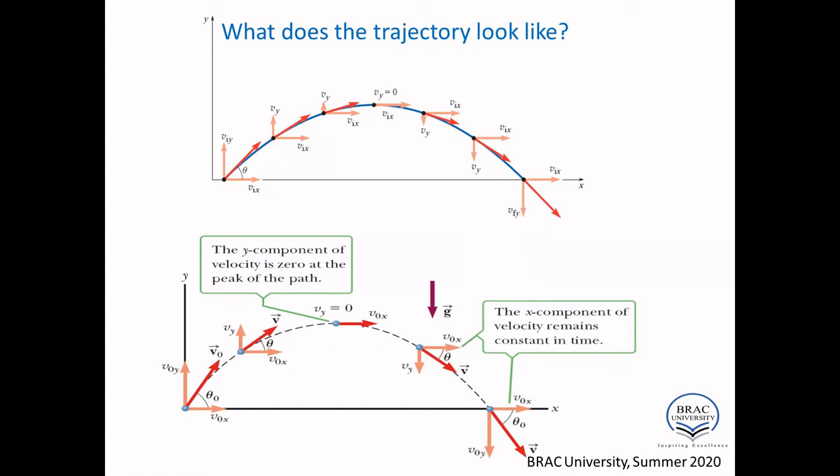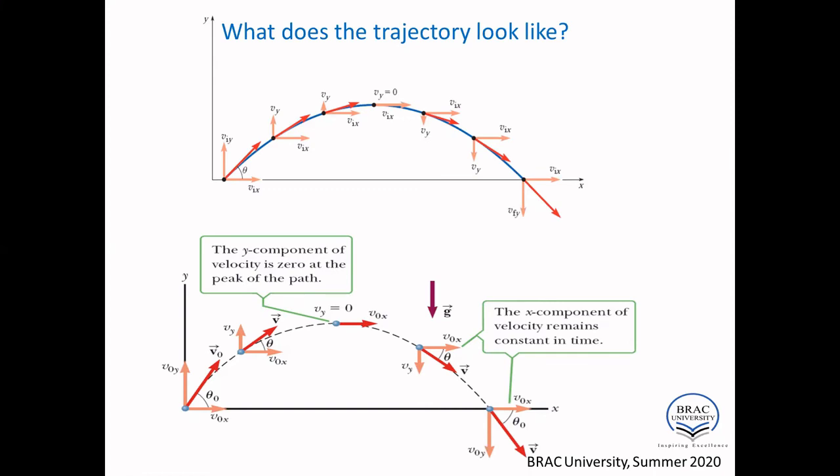If you take the initial velocity vector as v naught, then the components will be v naught x and v naught y. And if you take the initial velocity as vi, then the components will be vix and viy. So it's totally up to you. The velocity vector at a particular time t is v, and the components are vx and vy.